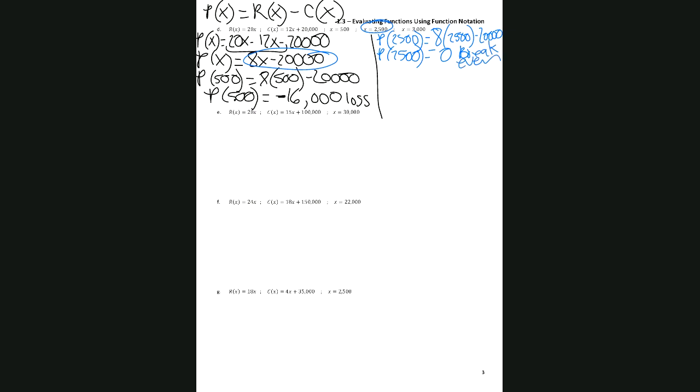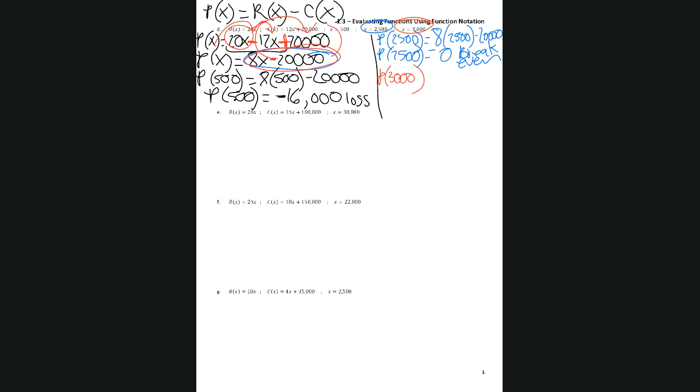Now, let's go ahead and find the profit for 3,000 items. So again, we're using this equation that came from subtracting the revenue minus the cost. And here, I skipped that place. This was a positive, but then after distributing the negative, that's how we got the negative 20,000.